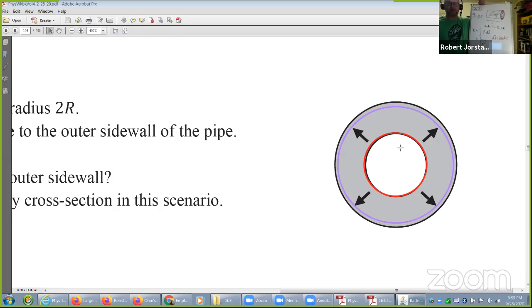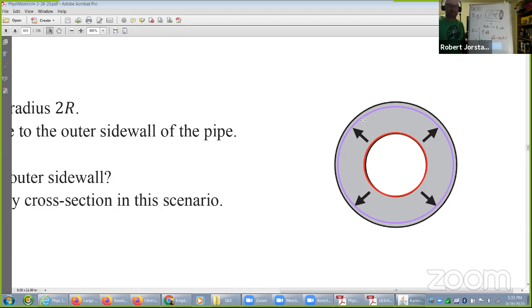So clearly there are more charges flowing per area on the red ring. There's going to be more current density on the red ring, because the current lines are closer together, basically.